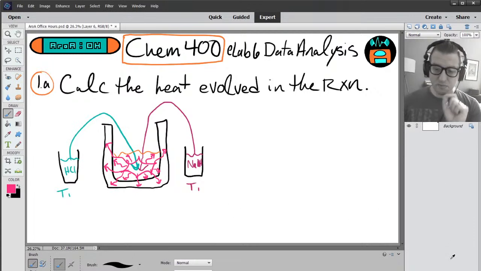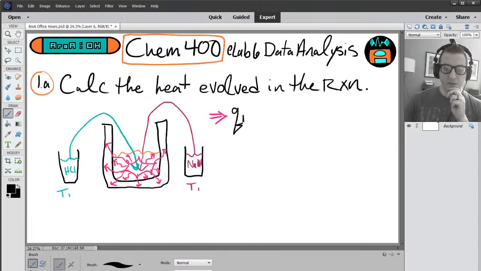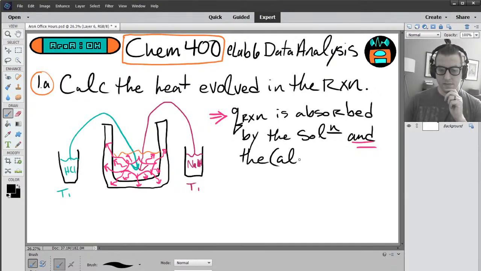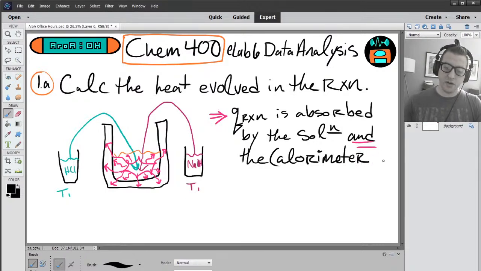All right, so the key conceptual thing to note is that the heat of the reaction is absorbed by the solution and the calorimeter, i.e. the container.